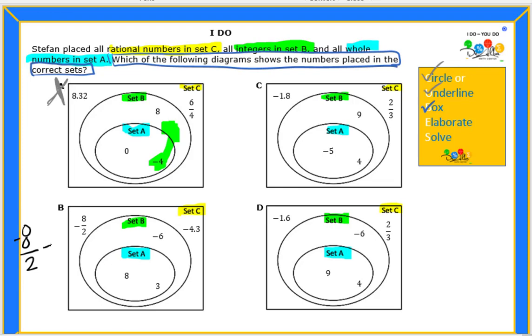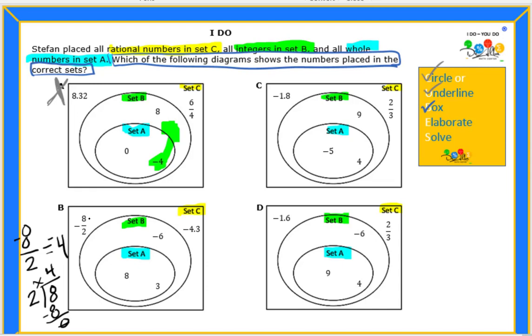We're going to simplify it by dividing the numerator by the denominator. So 8 divided by 2 is 4, because 2 times 4 is 8, but then it was negative, so -4.